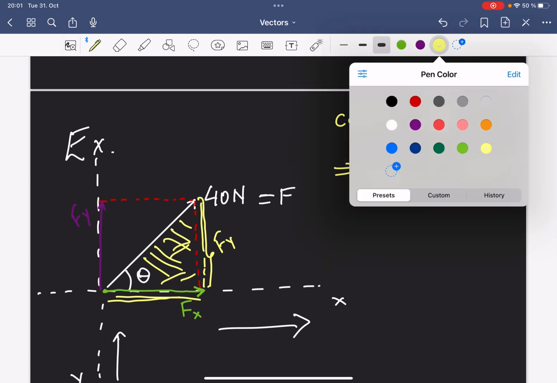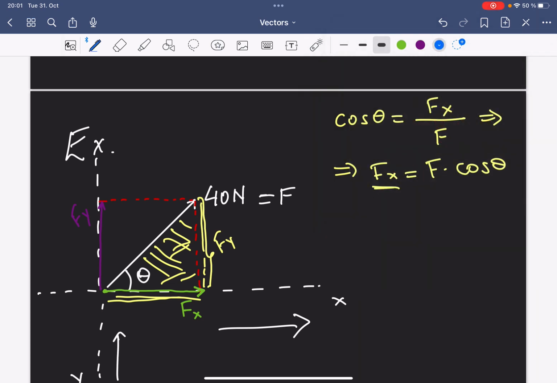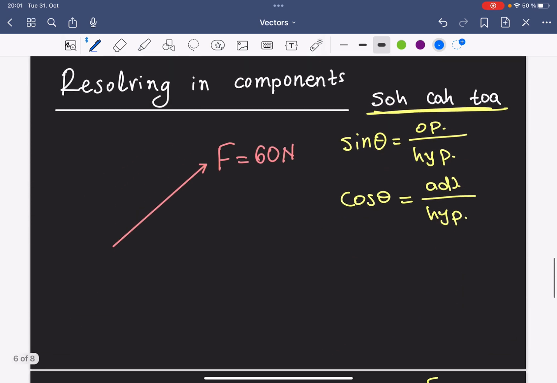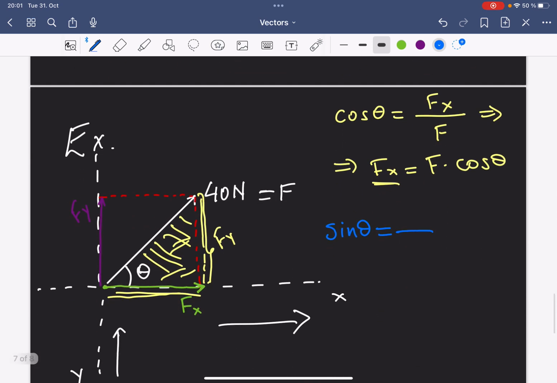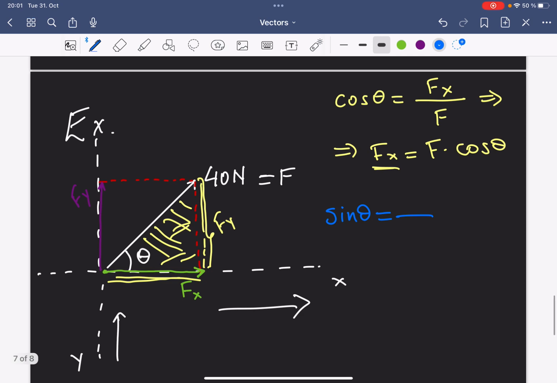Now, if you take the sine theta, which according to SOHCAHTOA is going to be opposite over the hypotenuse, the sine theta is going to be Fy, the opposite from the theta angle is Fy, over the hypotenuse, which is F. And then again, if you solve this one for Fy, it's going to be F times sine theta.